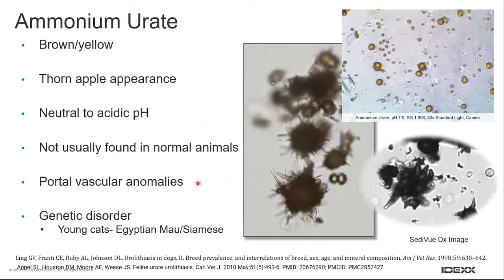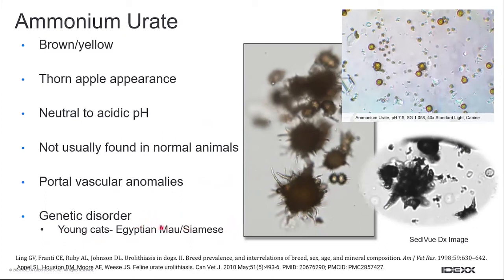The most common condition we think of when we see an animal with lots of urate crystals is a portal vascular anomaly, so a shunt, if you like. But it can also be a genetic disorder. So if any of you are seeing fancy breeds like the Egyptian Mau or the Siamese, these breeds may have a genetic disorder which predisposes them towards producing these types of crystals.